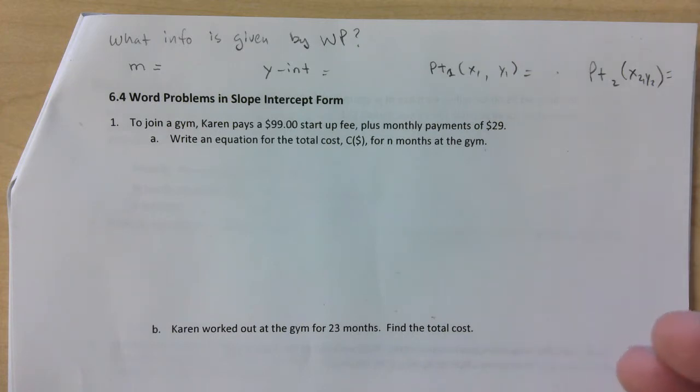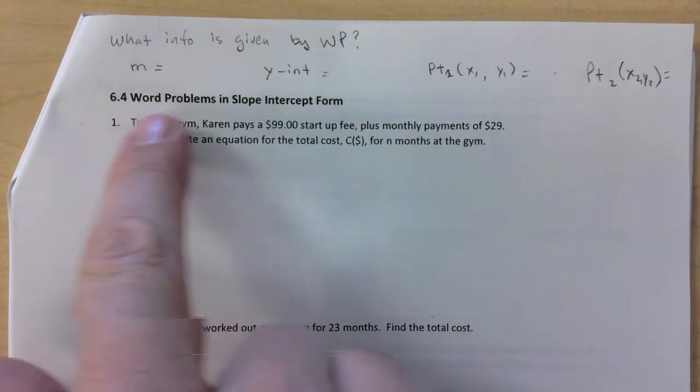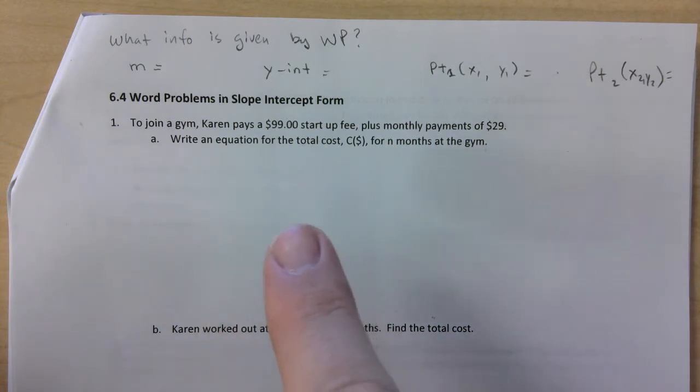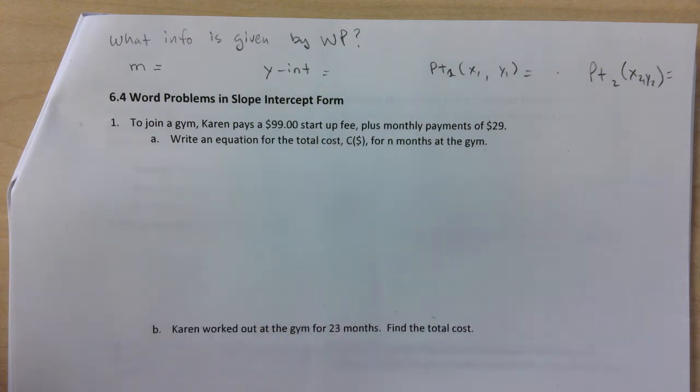Except for now, we're dealing specifically with word problems. So let's scan through it and let's see. This kind of gives it away, I know, slope-intercept, but I will still pretend like I don't know what type it is. To join a gym, Karen pays $99 as a startup fee.